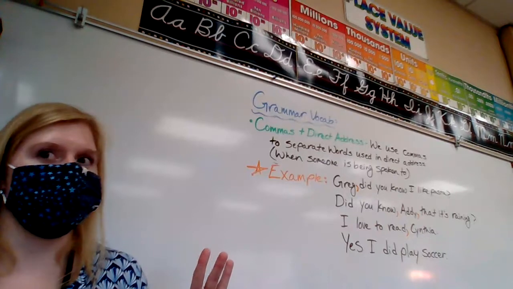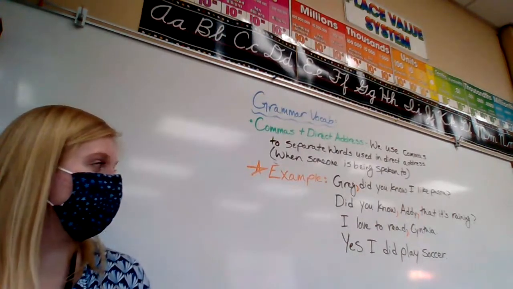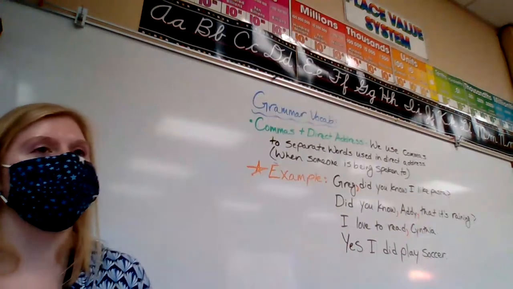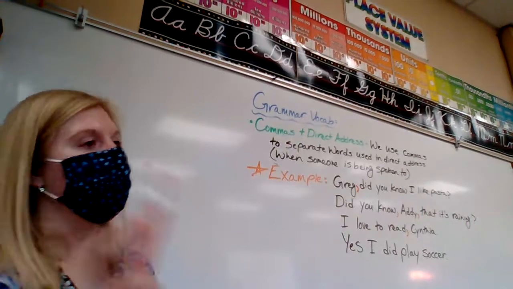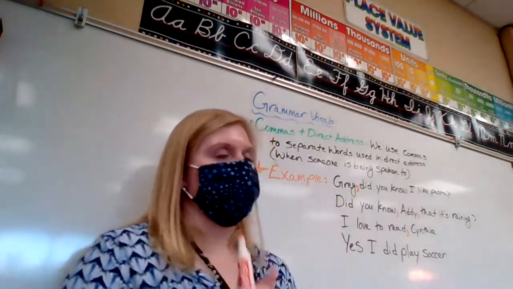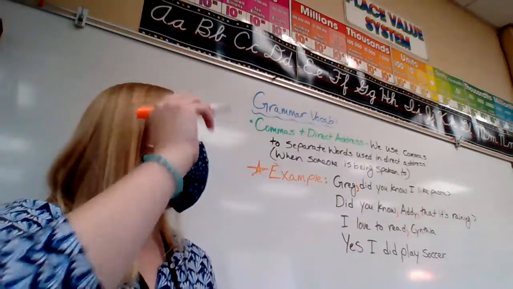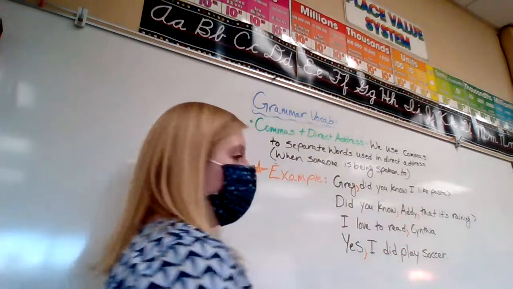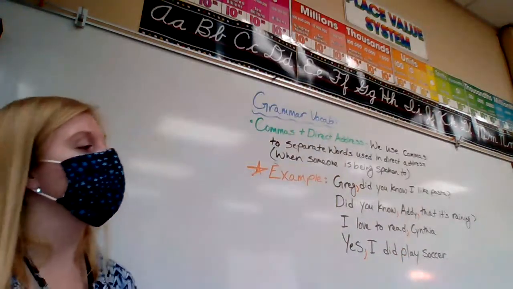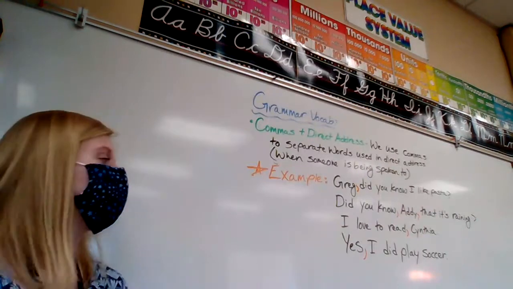What do we think, Max? It's did and play. It is not did or play. There's only one left. On the count of 3, say the word. 1, 2, 3. Yes! When you have a sentence that has yes or no, we also separate it with commas. So yes, comma, I did play soccer. If this said no, then it'd be no, comma, I did not play soccer.